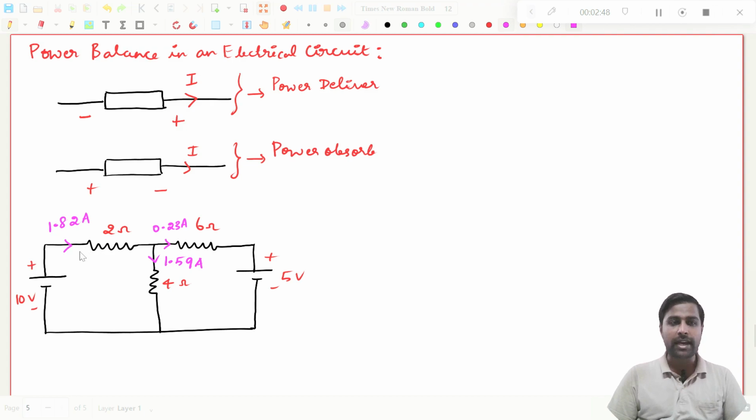You see, current in the 2 ohm resistor, 6 ohm resistor and 4 ohm resistor we have found already, and I have told you already that resistors will never deliver power, right?